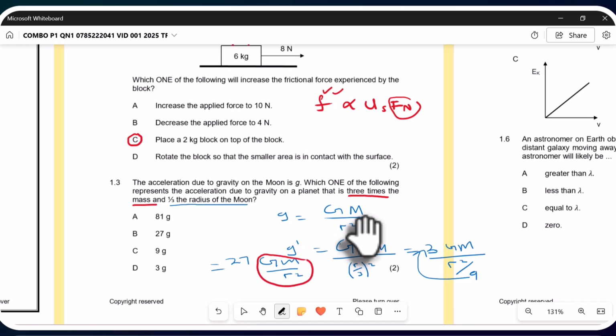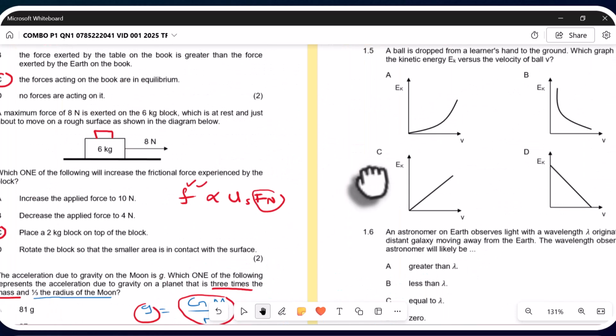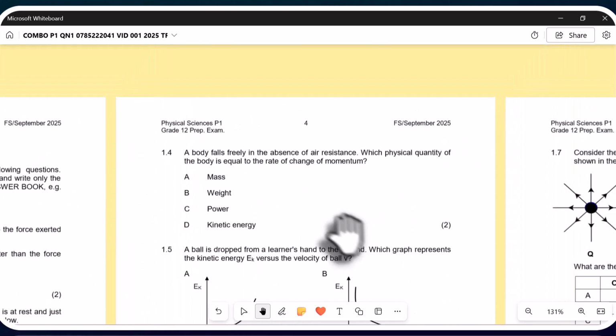Now, the moment they say the change in momentum, it's going to be the change in mass and velocity, but the mass is constant. So mass times change in the velocity. But because they're talking about the rate, it means divided by change in time. The change in the velocity over change in time gives us acceleration.